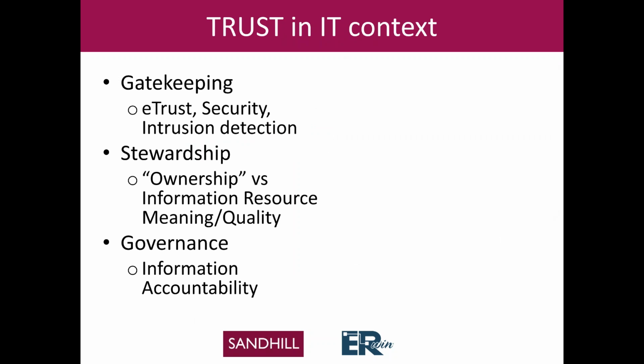Security, obviously, these days has become a very prominent decision, but just as important is the notion of stewardship versus ownership, because that information resource, its meaning, and the quality of it, has got to span more than one organization. So as a result of that, frankly, we've created groups in a lot of organizations, whether it's under something called a Chief Data Officer or a Data Governance Council, the notion of information accountability.